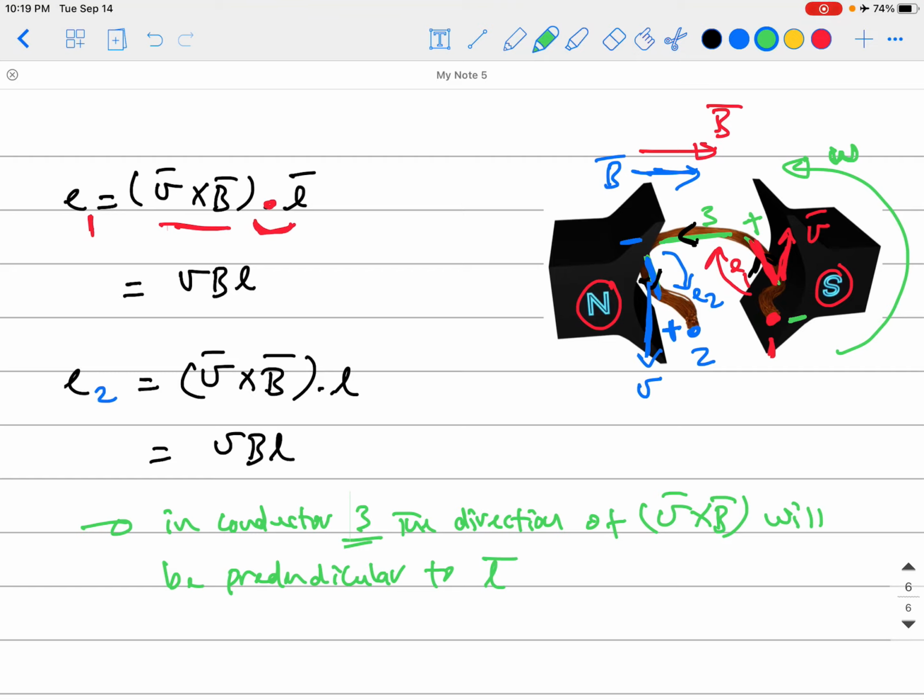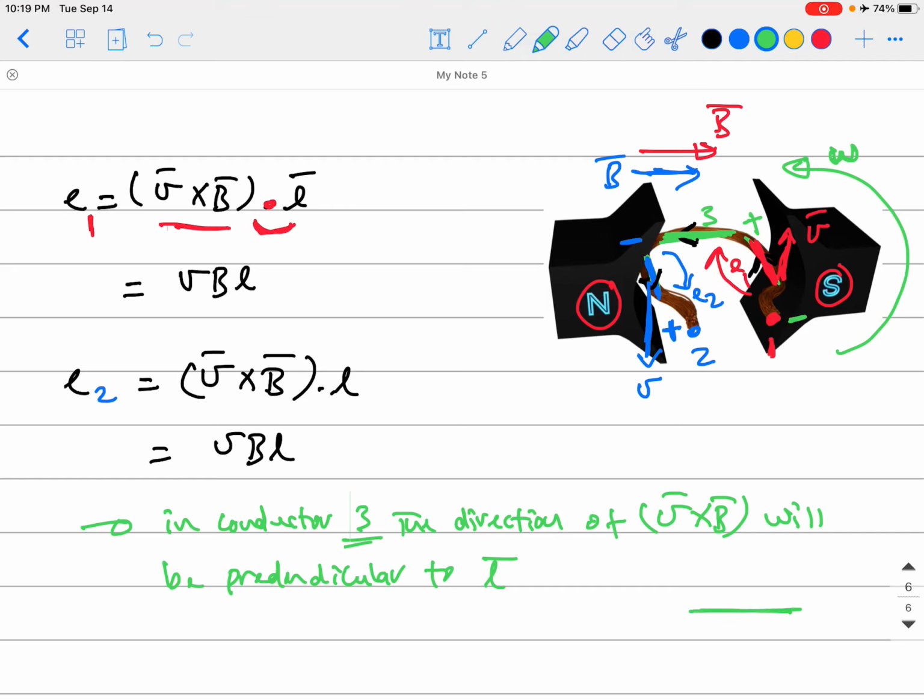Why? Because this L, that is the direction of it, is perpendicular to both the direction of the red and the blue ones for conductors 1 and 2. So the V cross B will give you something perpendicular to it. It will be something like that.